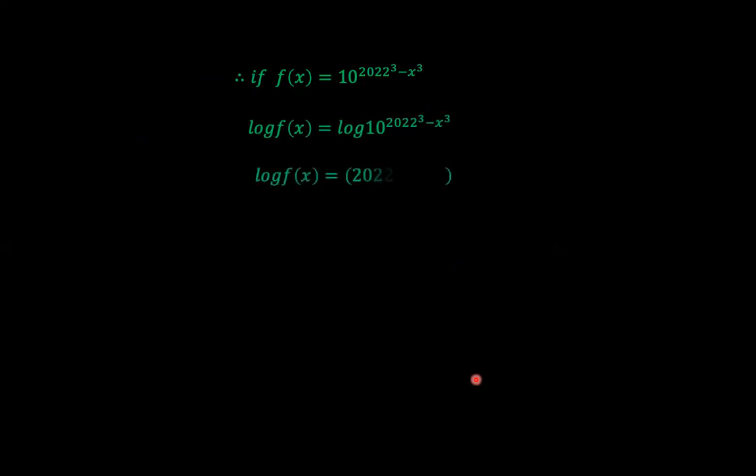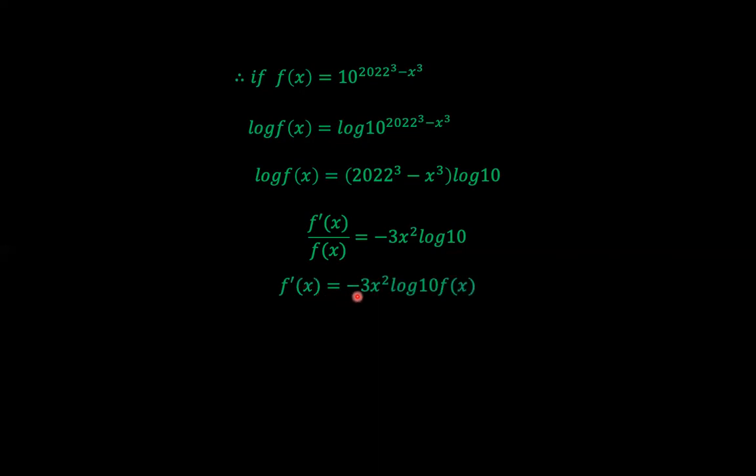That means that log f(x) is equal to 2022 cubed minus x cubed times log 10, right? And so using the rules of differentiating natural logarithm, the first derivative of f(x) over f(x) is the derivative of log f(x), which is equal to negative 3x squared times log 10. And so the first derivative of f(x) is negative 3x squared log 10 times f(x).